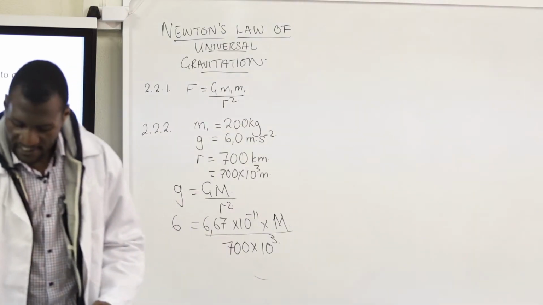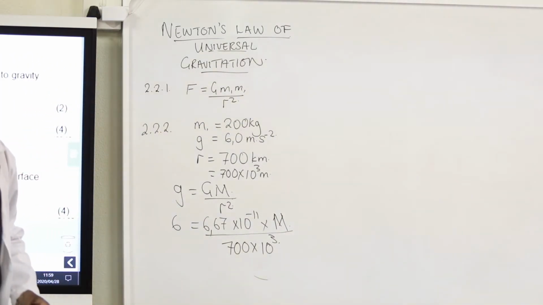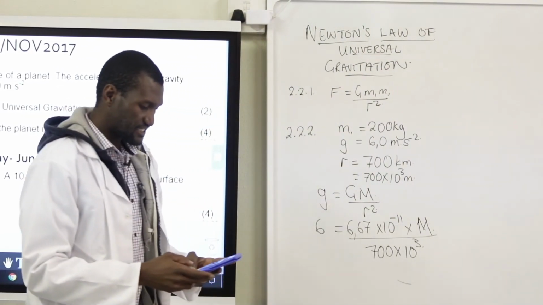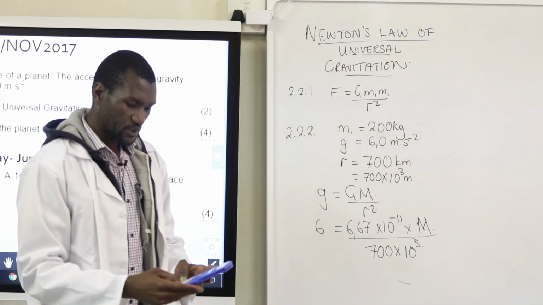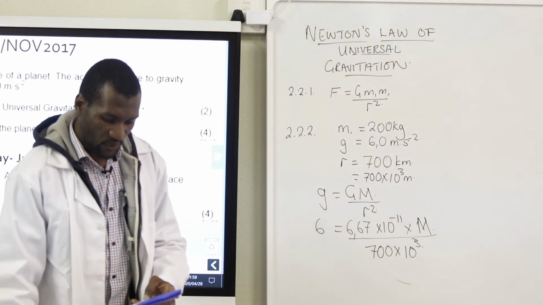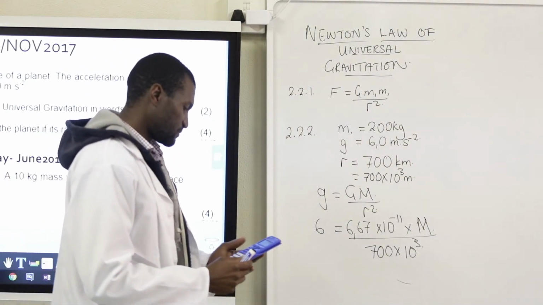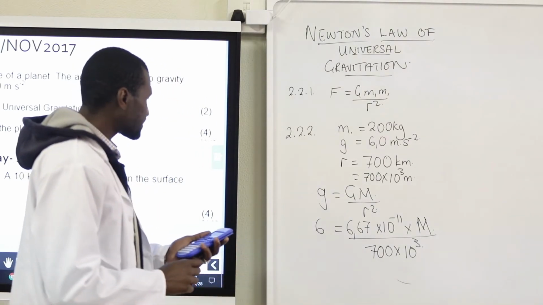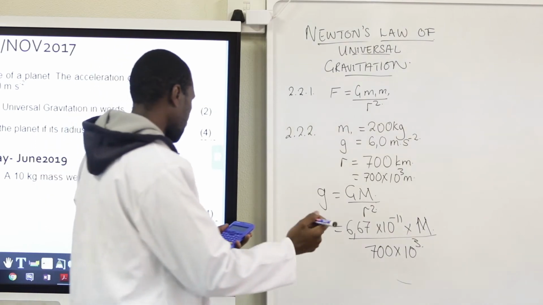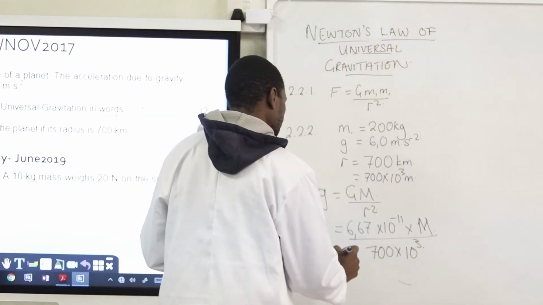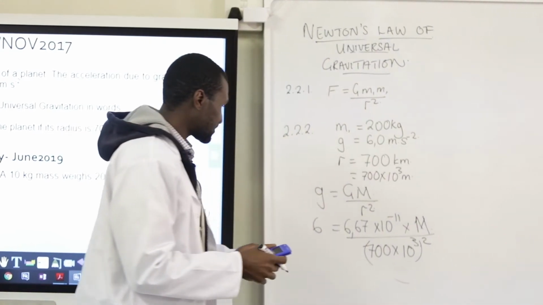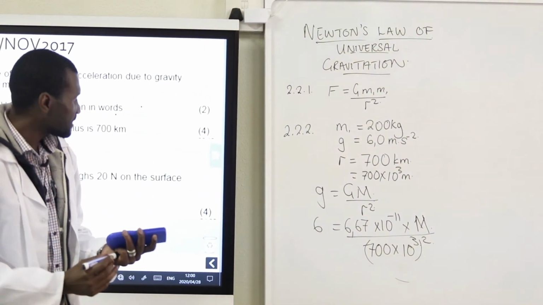As I said, this constant, you find it at the back of every question paper, the constant that represents G. And that will give us the value of our M. So therefore, the mass will be, oh I forgot to square this, don't forget to square that, so my answer might be incorrect here.